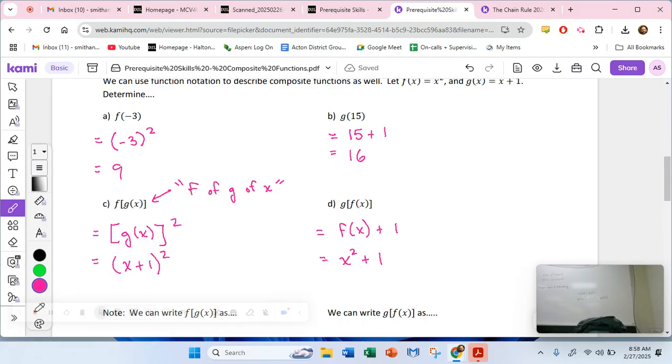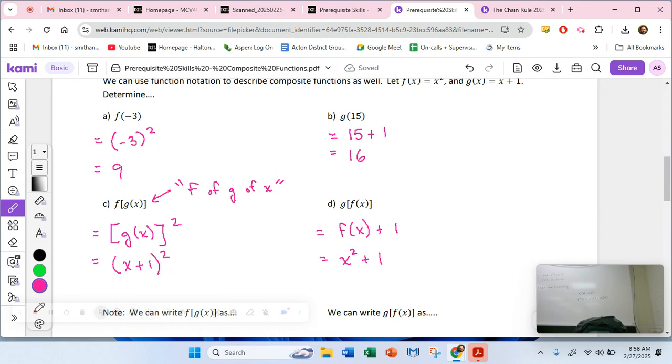Back in grade 11, grade 12, when you did transformations, so you might remember something that looked like this, when you guys talked about vertical shifts and all that stuff. This is composite function stuff too. It's just you guys never called it composite functions. We're just now introducing that term. So life is good. You guys have already been doing this stuff.